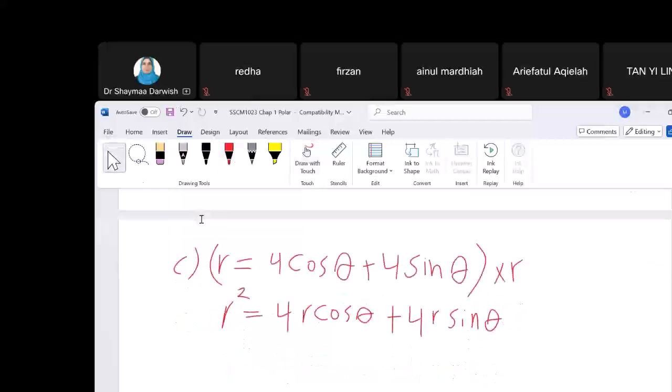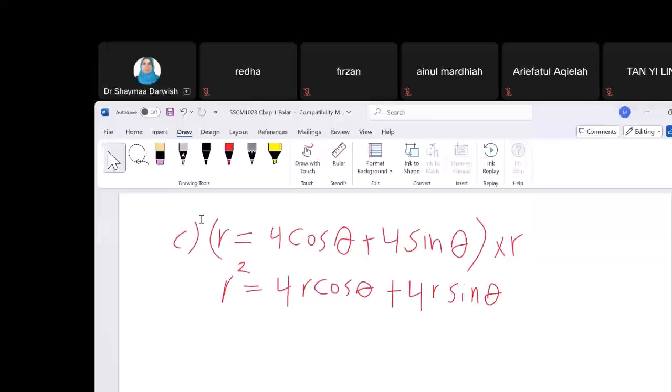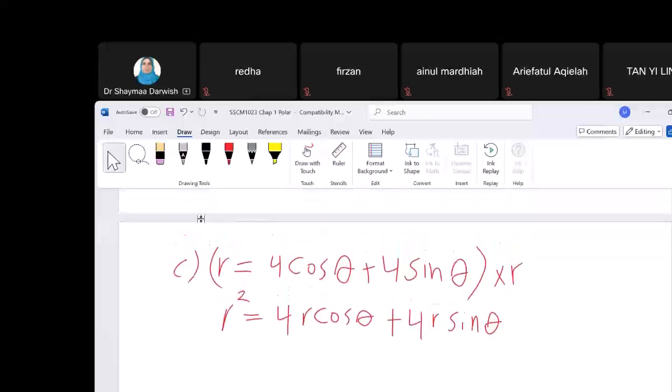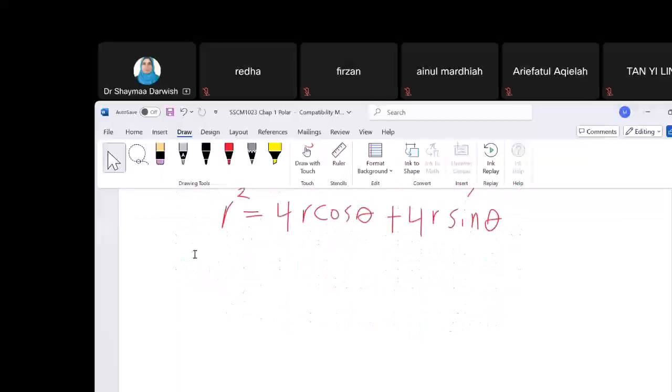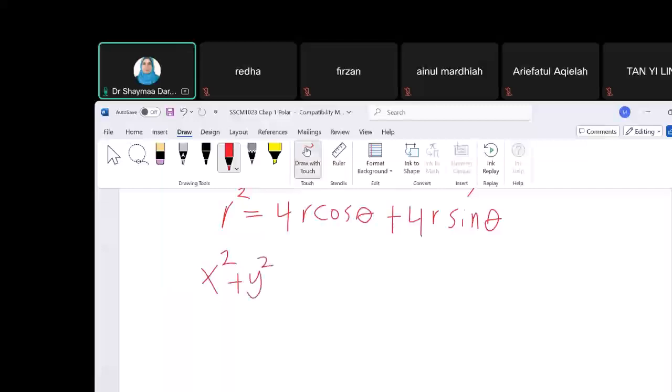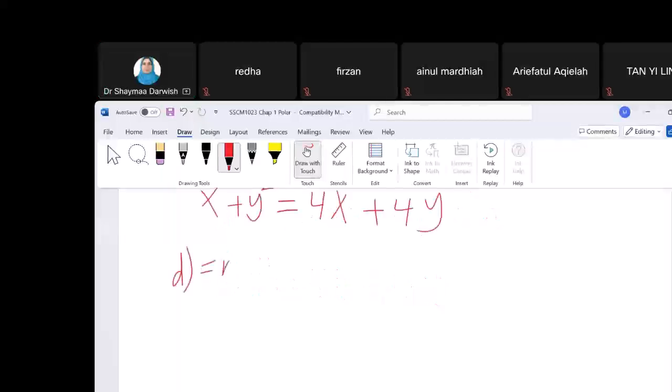Okay, r squared is equal to x squared plus y squared, r cos theta is x, and r sin theta is y. So x squared plus y squared equal to 4x plus 4y.